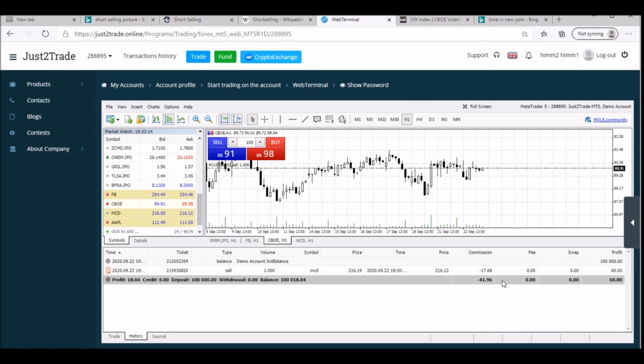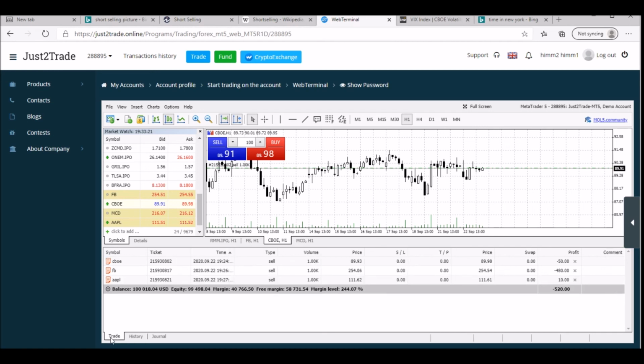If you're able to short the right stocks, then guys, you are good to go. Let's see if other stocks made good money. Not yet, not yet. But as time goes on, we believe we'll make some good profit, and then we'll be smiling once again.